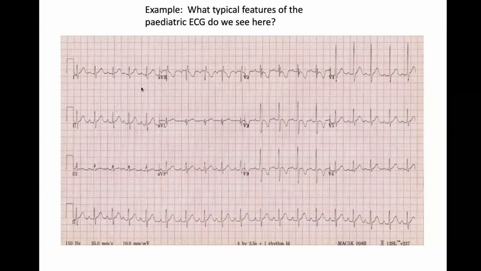Or there could be right ventricular hypertrophy, just depending on the age of the patient. Those are the points that I wrote down. In V1, V2, and V3 you can see the R wave progression is in keeping with right-sided dominance as well. Yes, that's very true.